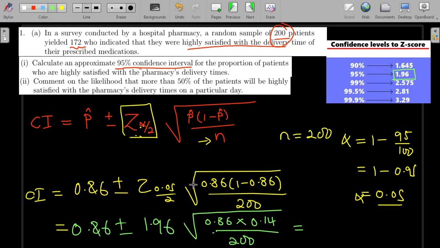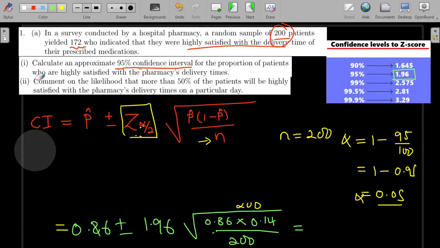So let's find what we have here. Let's erase this part. The confidence interval is equal to 0.86 plus or minus, and I'll start with what is outside: 1.96 multiplied by the square root of, in brackets, 0.86 multiplied by 0.14, divided by 200.